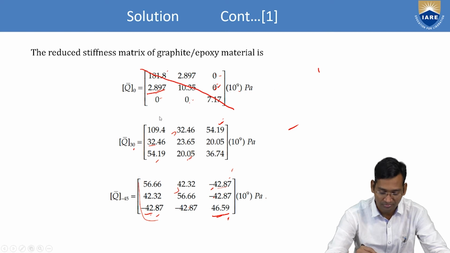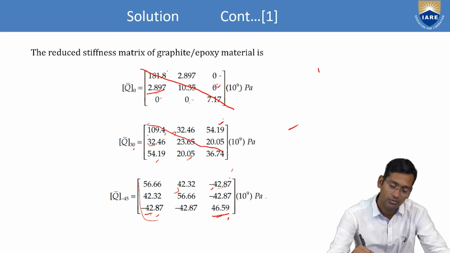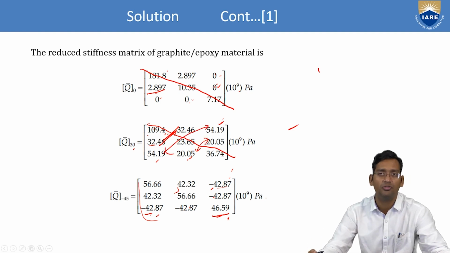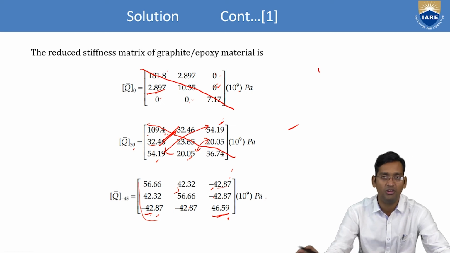Next, for Q30. Here again the diagonal will be there, so only along the diagonal will it be different. Once you take the symmetry, this will be equal to this one, this will be equal to this one, and this will be equal to this one because of the axis of symmetry, and only the diagonal elements are different.